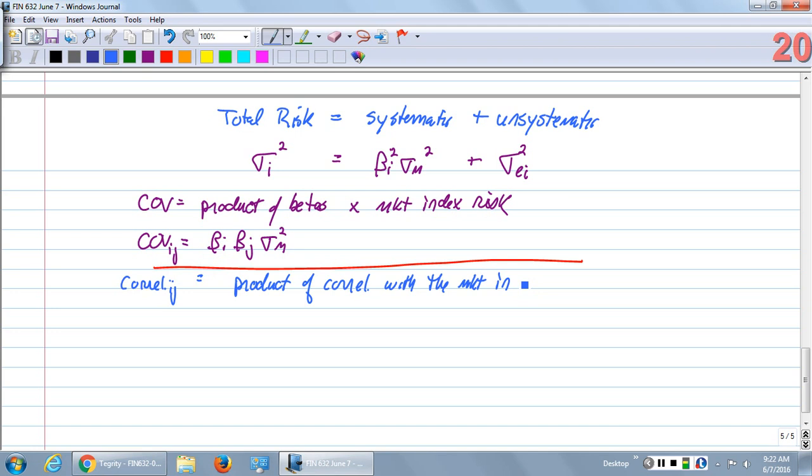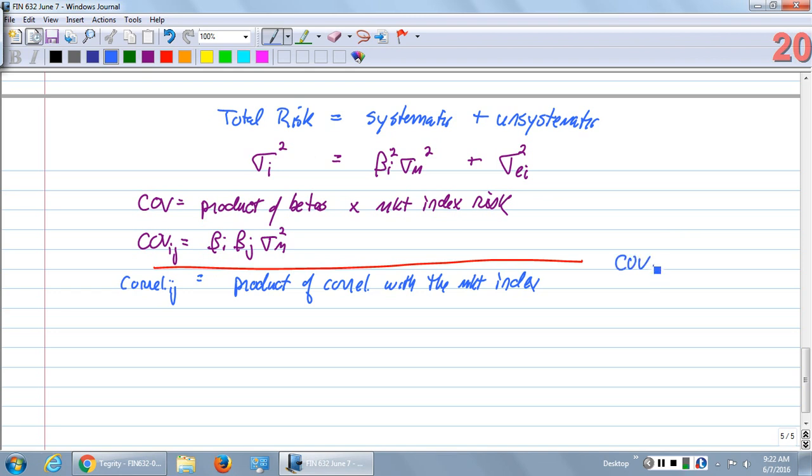In other words, if I want to know the correlation of asset I and asset J, I'm going to take the correlation of asset I with the market and multiply that times the correlation of asset J with the market. Okay, I'm going to come over here to the right and remind you, you've seen this before.